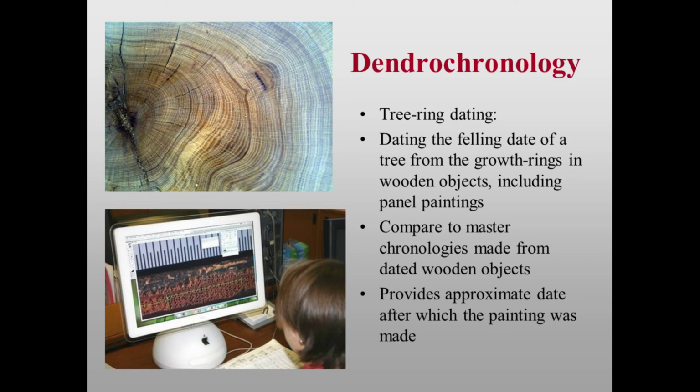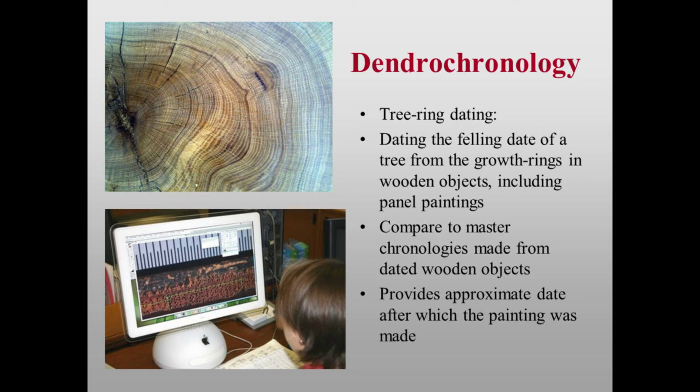When a panel is cut that would be used in furniture, rafters, timbers in buildings, or in the wooden panels that serve in many times and places, and in this case, 15th century Netherlandish painting usually is painted on panels or pieces of wood, when they cut them along the edge, you will see bits of the rings. Now, they're going to cut off the sap rings, the outer rings where the sap rises. And so what you have is what they call the heartwood.